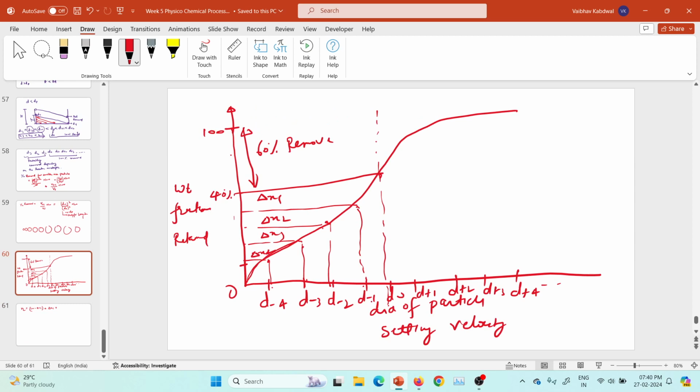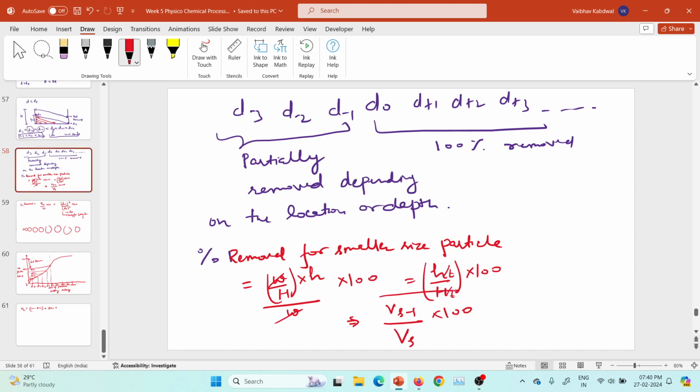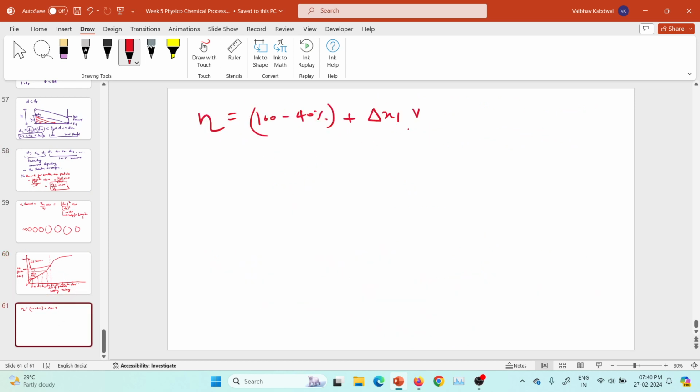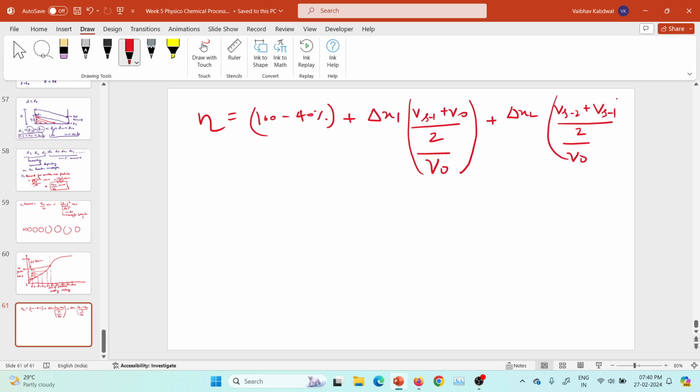We are using this formula for calculating this: delta x into Vs minus 1 plus V naught divided by 2, divided by V naught, plus delta x2 into Vs minus 2 plus Vs minus 1 divided by 2, divided by V naught. So likewise it will continue.